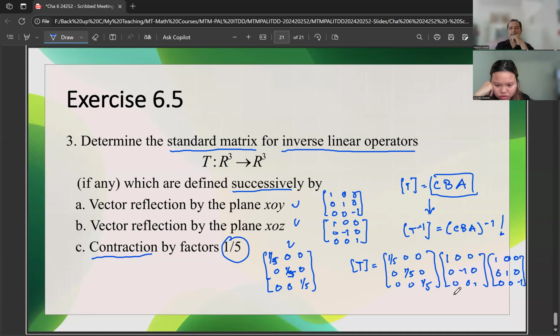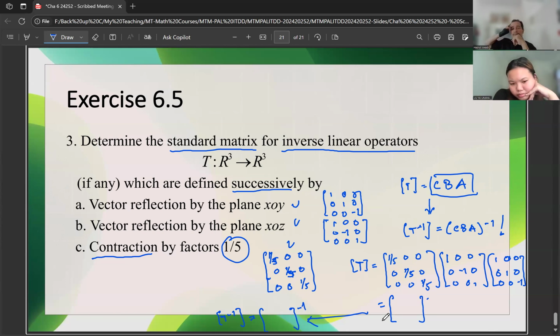Okay, please multiply it, and then you have the matrix. After that, you inverse it. Then you will have T inverse as the inverse of this one. Oke. So this is the answer of number 3.